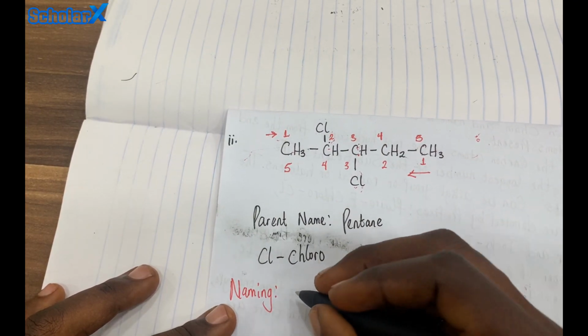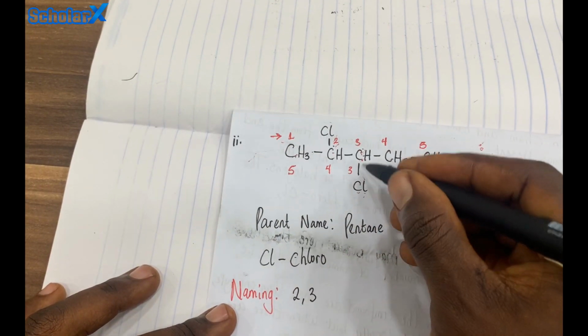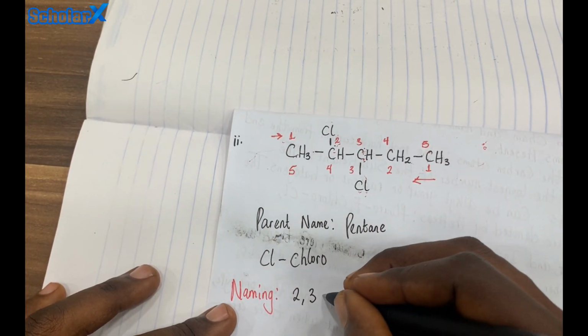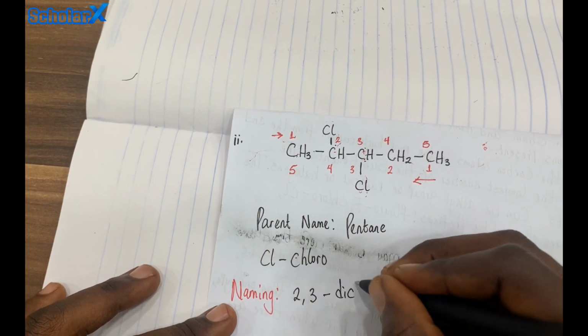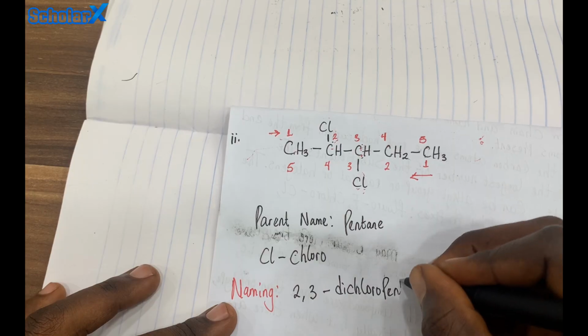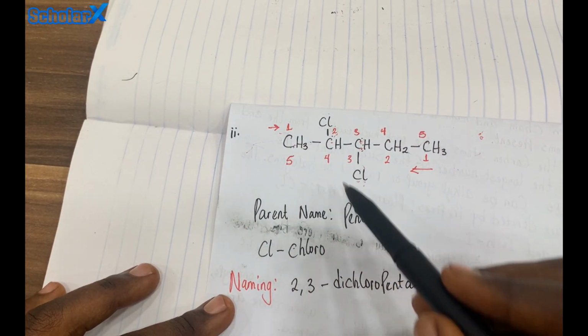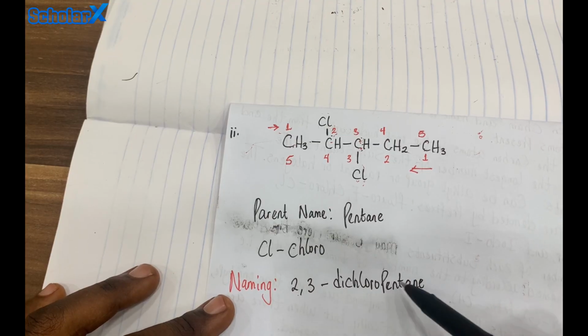So it's going to be 2,3, because we have a 2 and a 3, then dichloropentane. 2,3-dichloropentane. So to name this organic compound, it's called 2,3-dichloropentane.